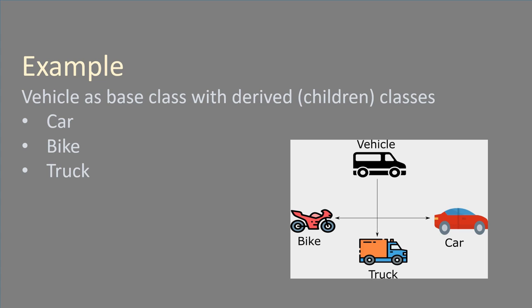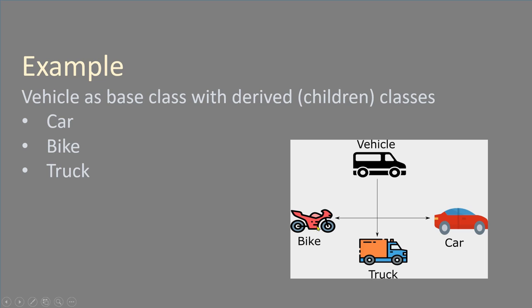Now there are derived classes from this general class, and these classes have been named bike, truck, and car. So the general vehicle has some generalized attributes.